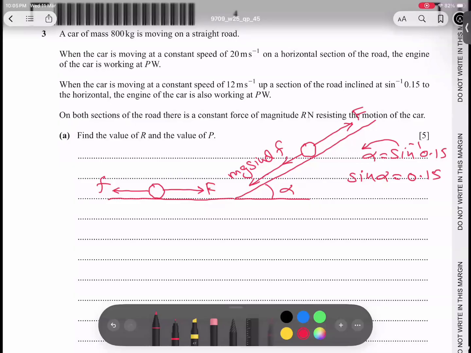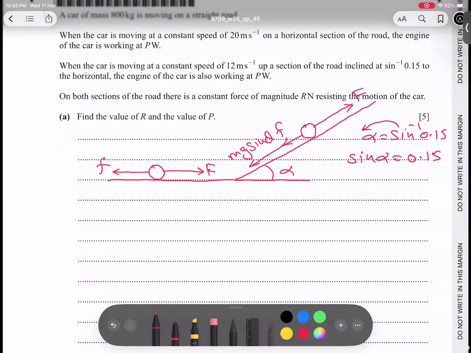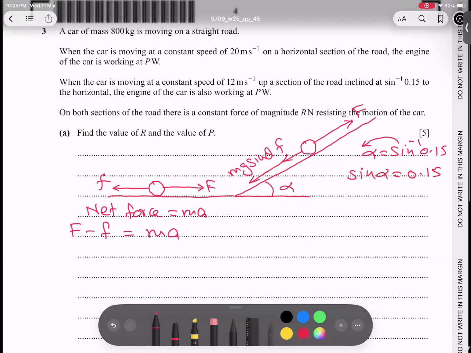Okay, I'll make two situations. First, the horizontal. When you talk about horizontal, what is the formula? Net force is equal to MA. So applied force minus friction force, I can write capital F minus small f is equal to MA. Mass is 800. For applied force, we have the formula power is equal to FV. If I make F the subject, F is equal to P by V. So I'm going to use this formula here.